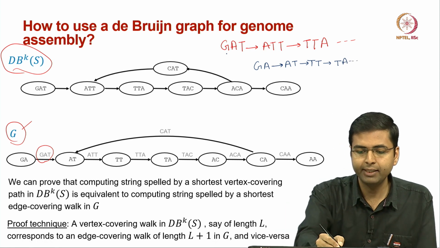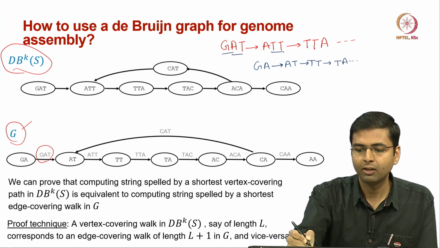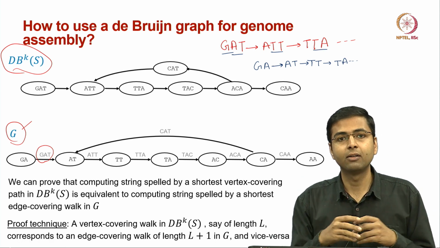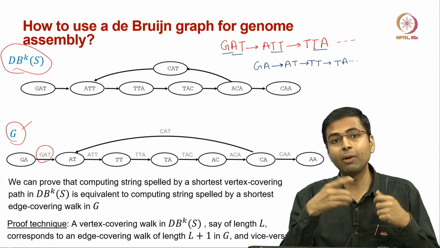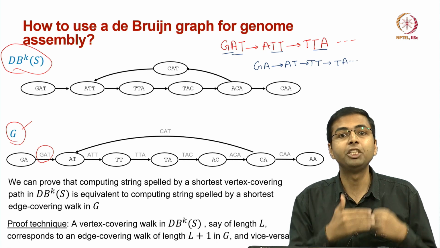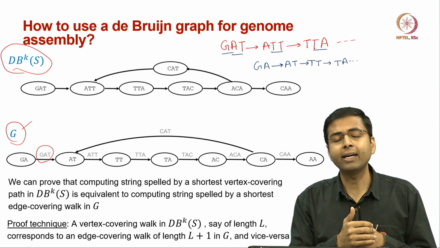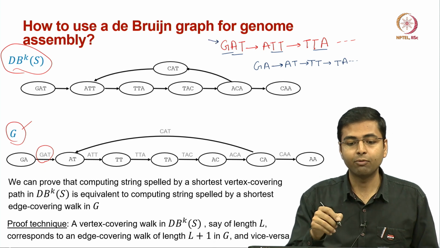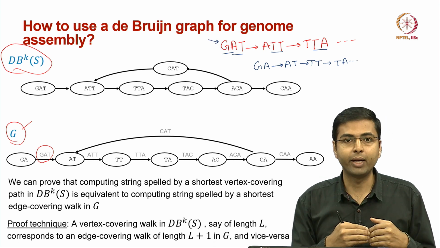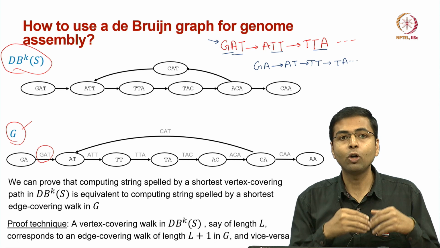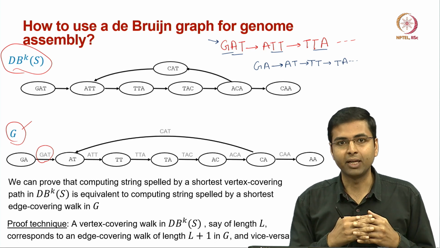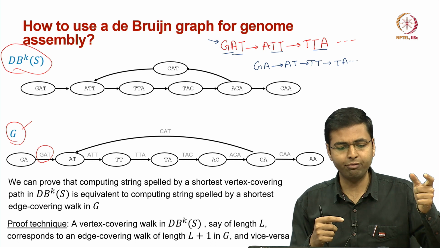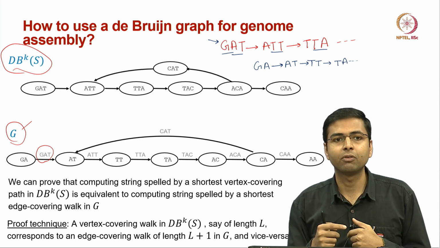So, you can split this into two-mers and you can build an equivalent walk of length L plus 1 in graph G, and you can show that if your walk in the De Bruijn graph was vertex covering, then your walk in graph G will be edge covering, because you have a one-to-one correspondence between the vertex of De Bruijn graph and edge of this graph G.